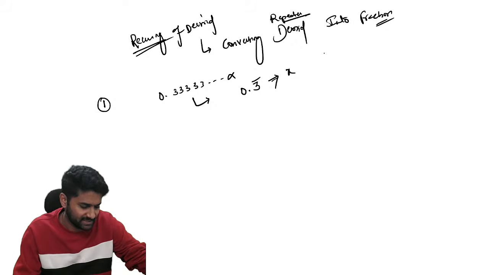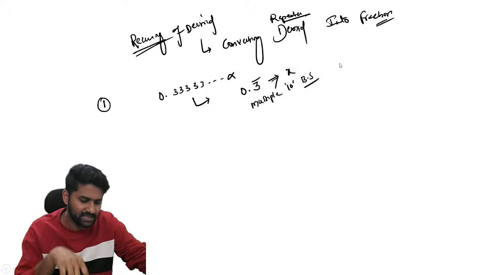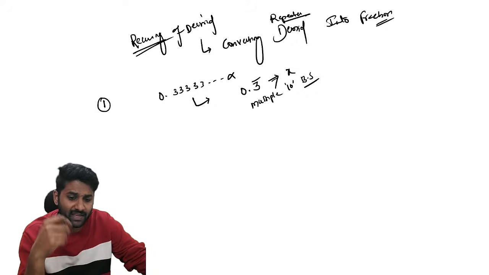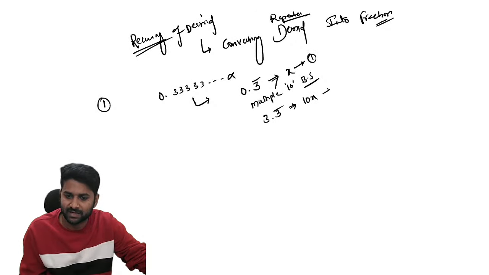Let us consider it as x. First we have to multiply 10 on both sides. What is the reason to multiply 10 on both sides? We have to eliminate the one bar value. So if you multiply 10 on both sides, the value becomes 3.3 bar equal to 10x. Let's take this as equation number 1 and this as equation number 2. Now simplify 2 minus 1.